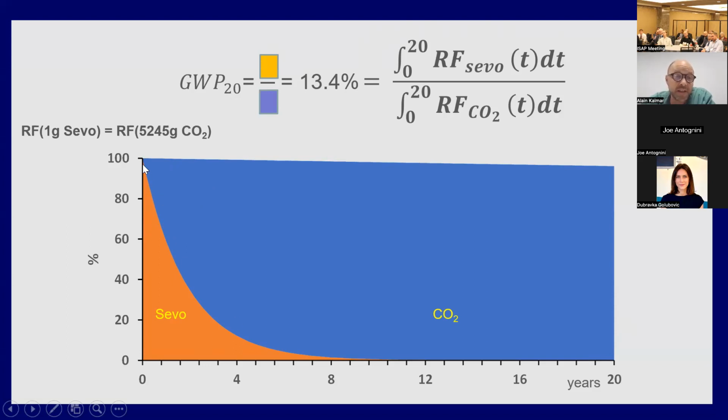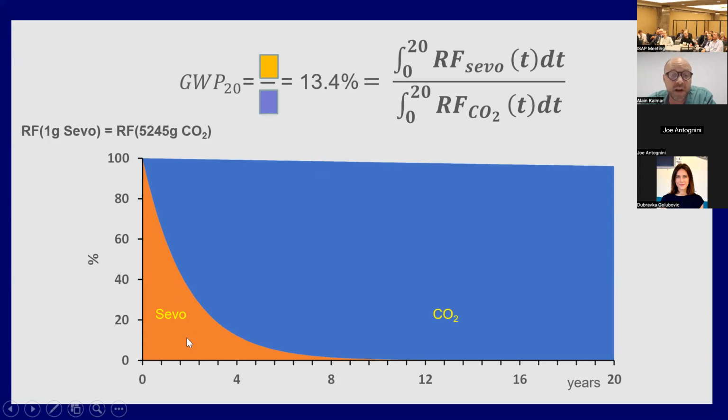And if we take the same for CO2, so if we want the same amount of radiative forcing on day 0 of 1 gram of sevoflurane, we need 5,245 grams of CO2. So if we divide the area under the curve of the sevoflurane by the area under the curve of the CO2, we see that this is 13.4%.